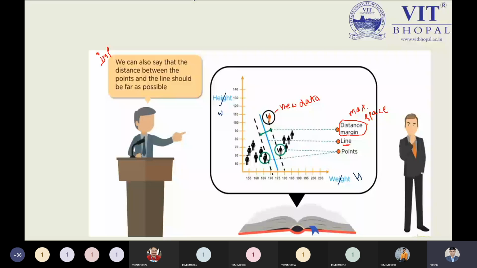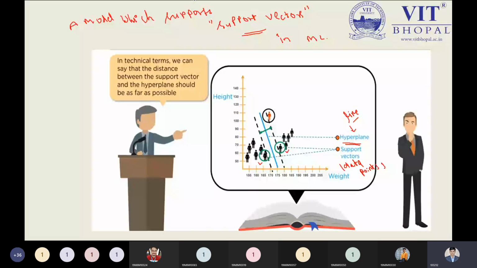Now, moving to the next slide, this line is line 1, as mentioned in the previous slide, and that is a hyperplane. The data points closest to our line are known as the support vectors, and these are also data points of male and female respectively.